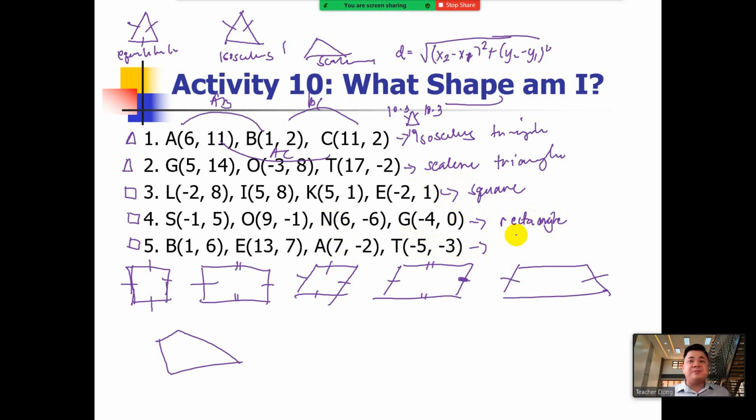Then number 5 is a parallelogram. To find out, please plot the points, connect them, and then identify what shape it is. It doesn't mean that because it has 4 sides you can just call it a square. It depends on the properties.